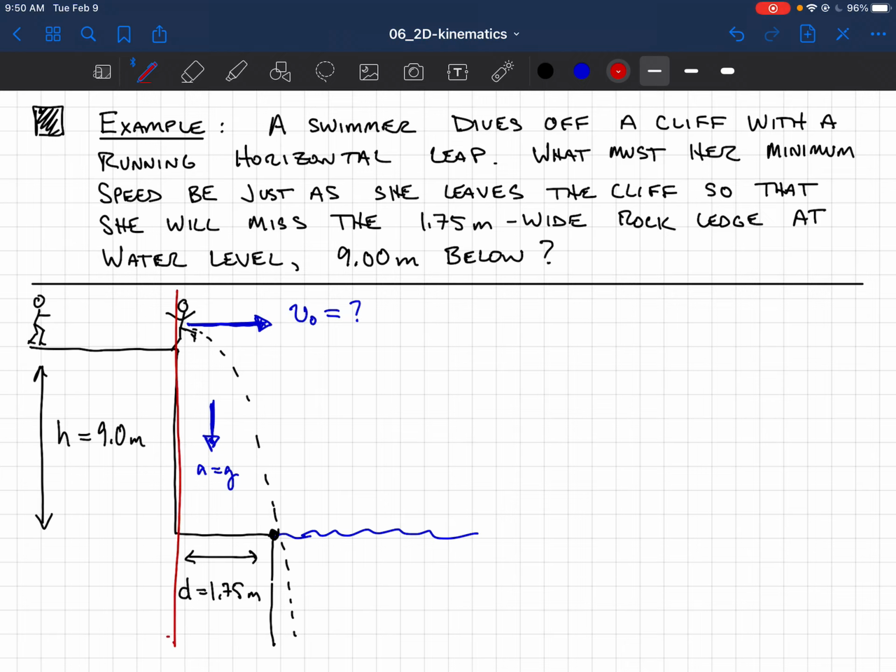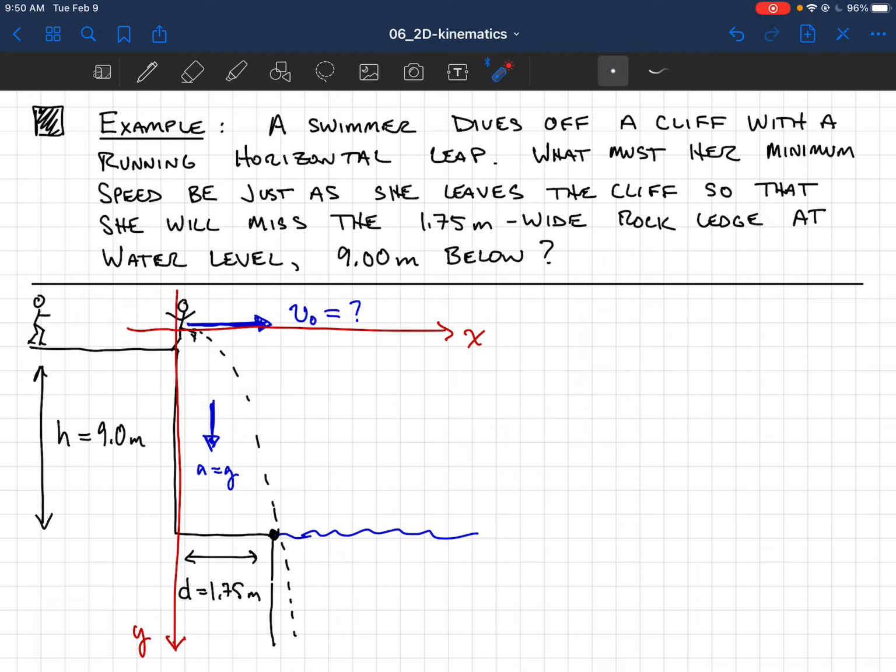So I'll choose this as my y-axis, and I'll place the origin at the initial jumping position of the swimmer. So I could have put it down here, that's what we were doing before most of the time, but I just want to show you that we can use a different coordinate system and we'll still be able to answer the problem. Okay, I think that's enough.